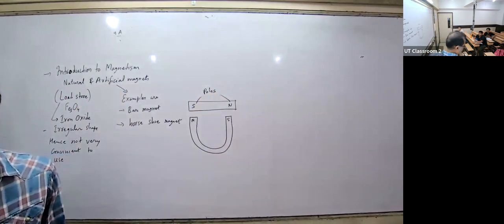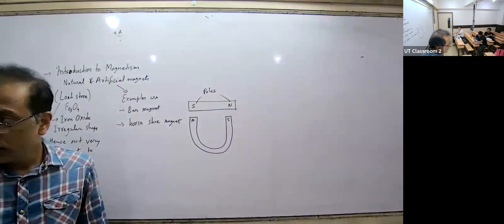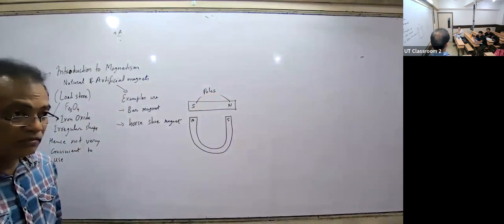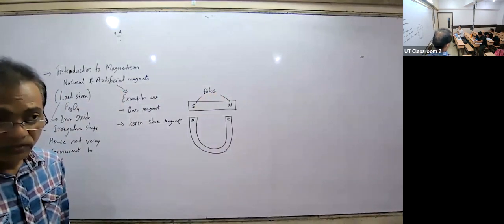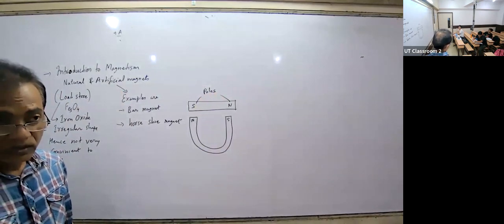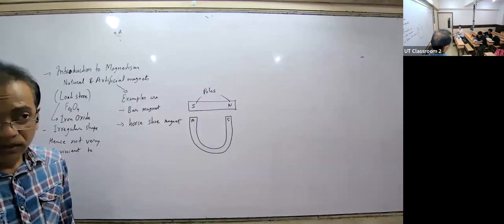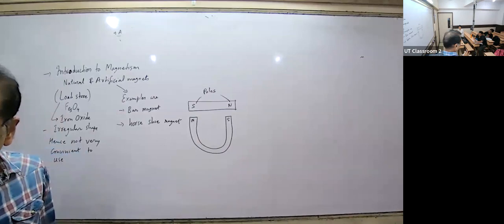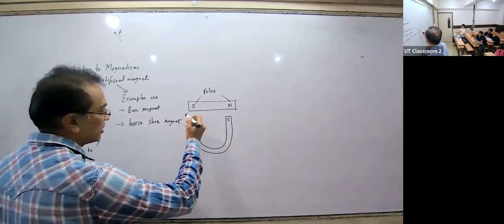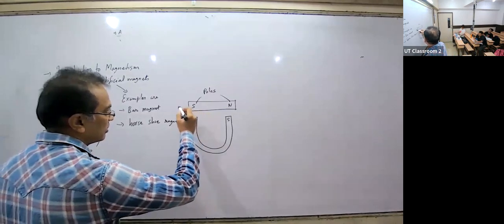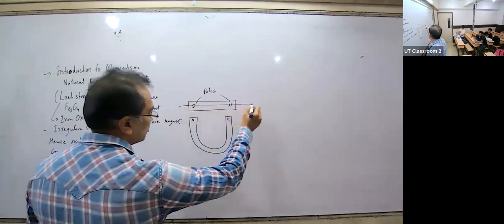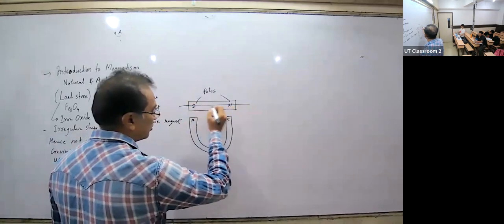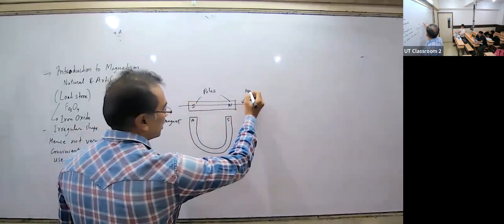Suppose I break it, then it will still have 2 poles. Then what is the difference between the previous and the new? It will just be half. Yes, the magnetic strength will become half. So it can be split along the pole like this. So this is called magnetic axis. The line joining the north and south pole is called magnetic axis.